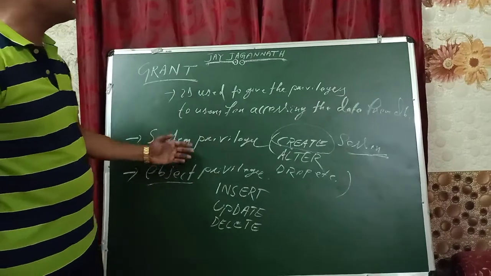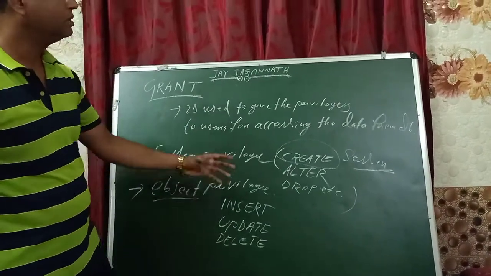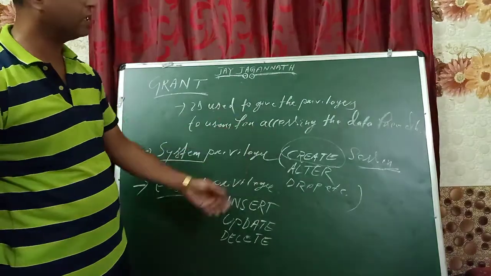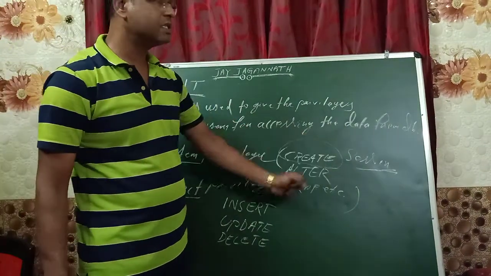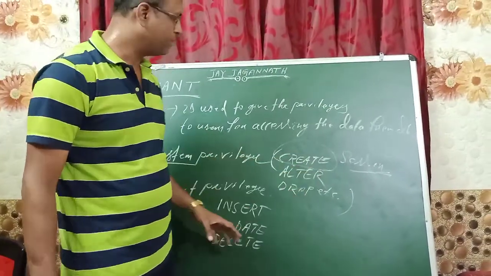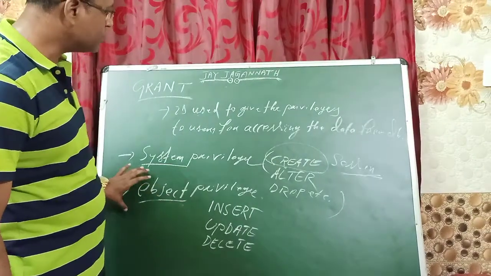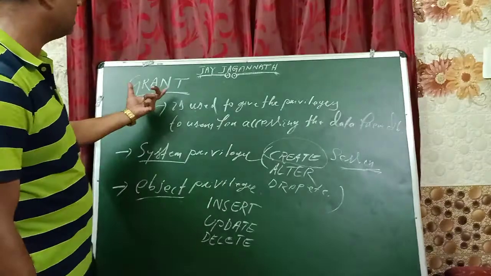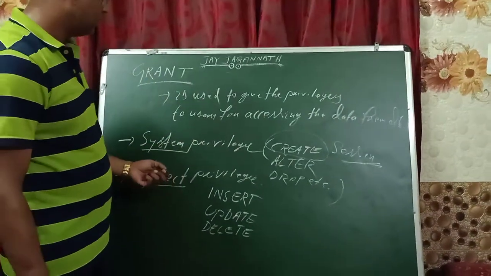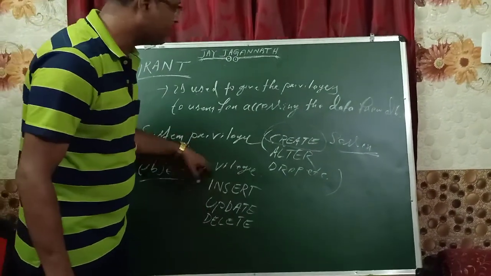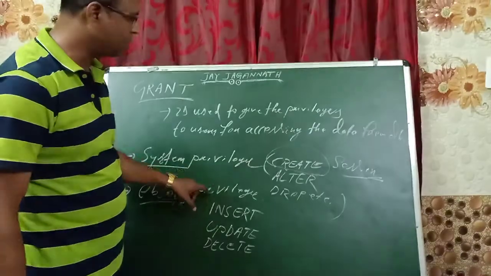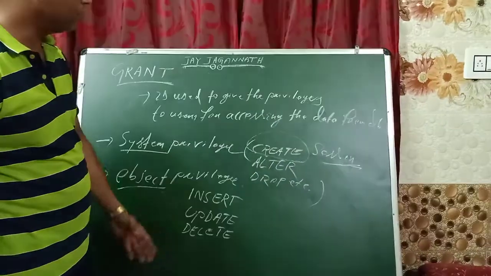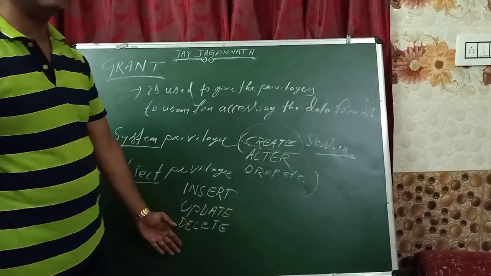With system privilege, we can perform the DDL operation, means we can create a session, create a table, alter an existing table, or drop an existing table. With object privilege from the DBA, one user can perform all types of DML, data manipulation operation, using insert, update, delete, etc.